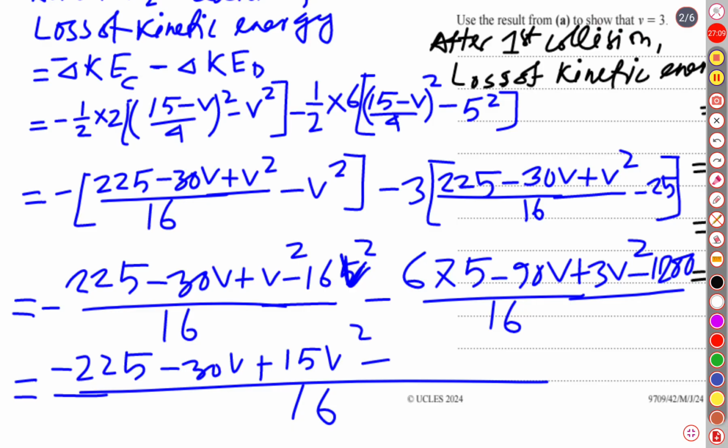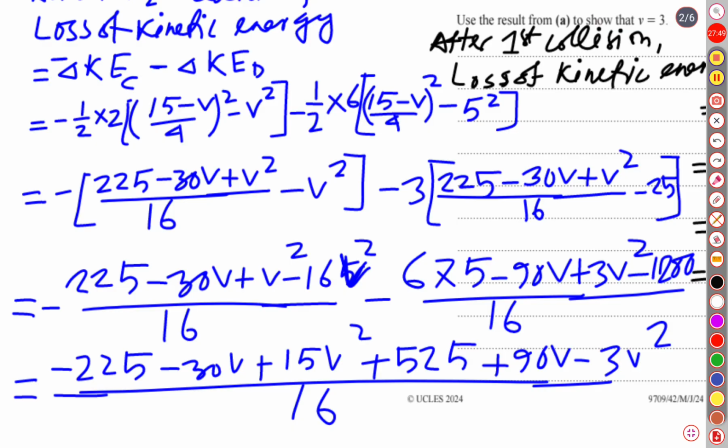Here, if we do the subtraction, 1200 minus 675, it is just 25 less than 600, so 575. Sorry, not 575, it is 525. Then minus minus plus 90v. After that, plus minus minus 3v square.